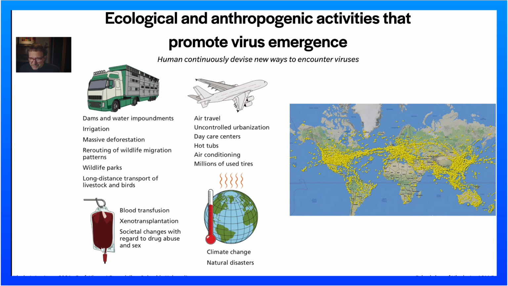Look at this snapshot of all the flights in the air at any one time. Amazing. So we have devised ways to encounter new viruses. Don't blame nature. Blame humans because we set it up.